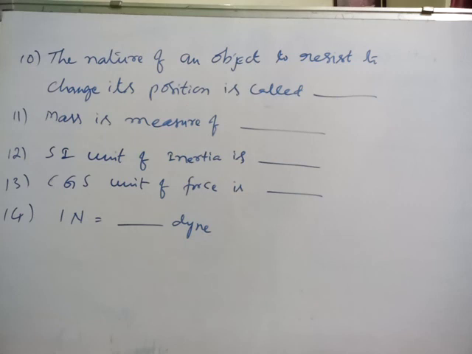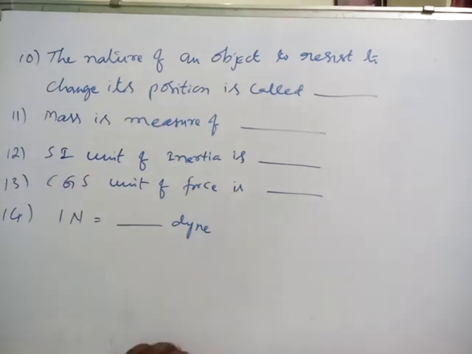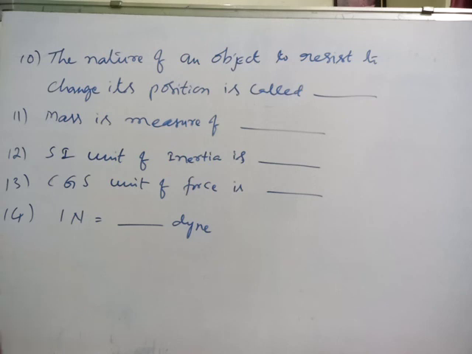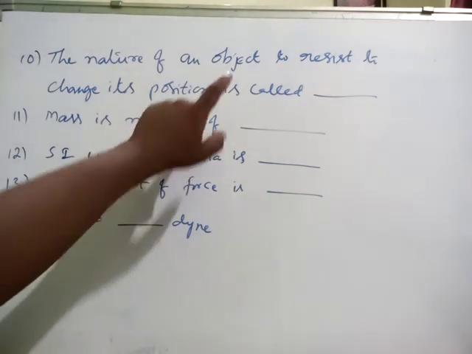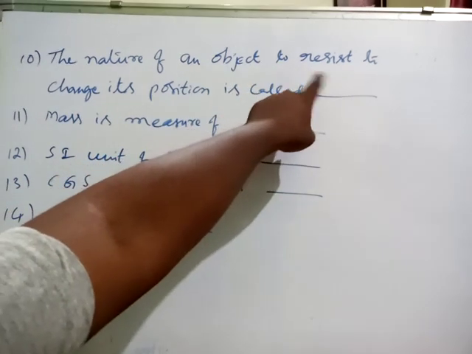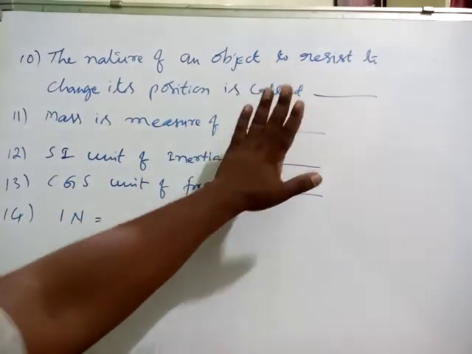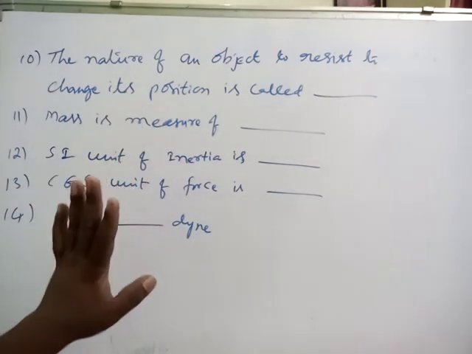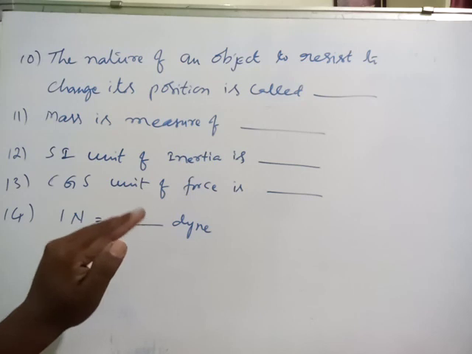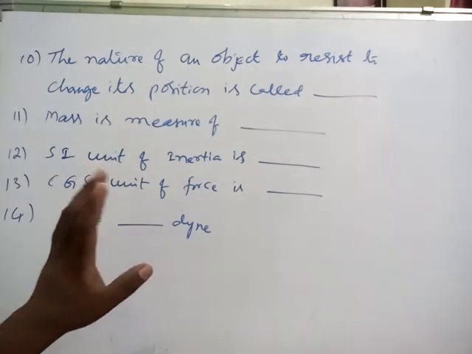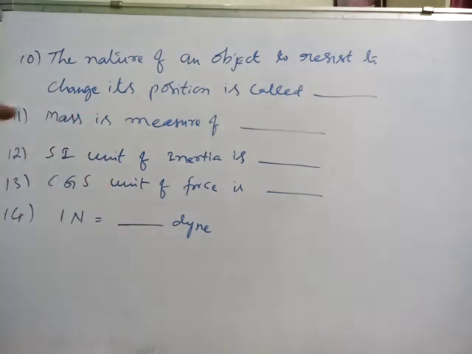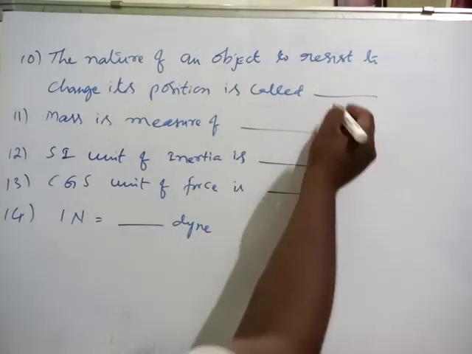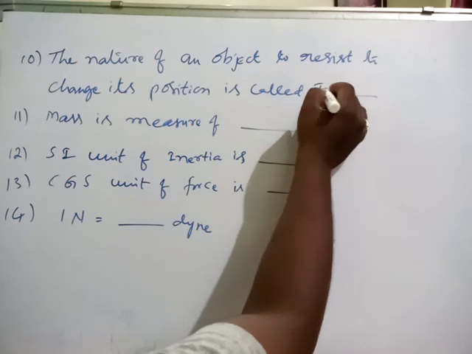According to Newton's first law of motion, every object stays in a state of either rest or motion and does not change until and unless it is acted upon by an external force. Resist means to oppose. An object at rest wants to remain at rest, and an object in motion remains in motion. It never changes until a force is applied. That nature is what we call inertia.